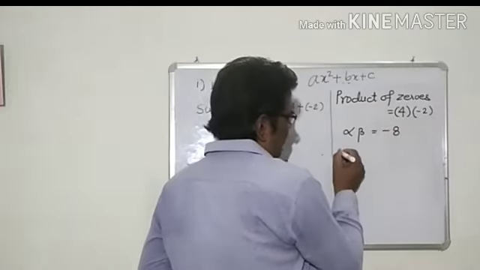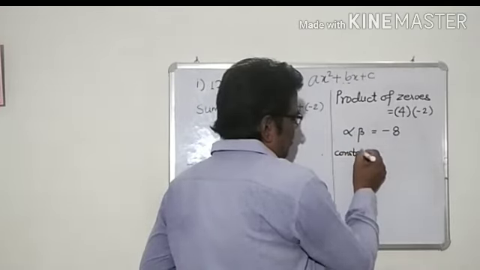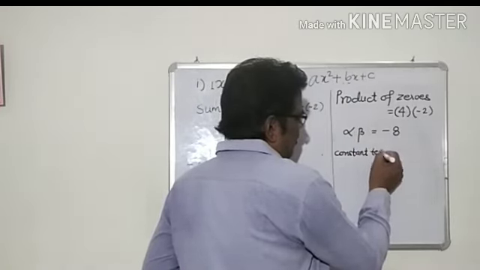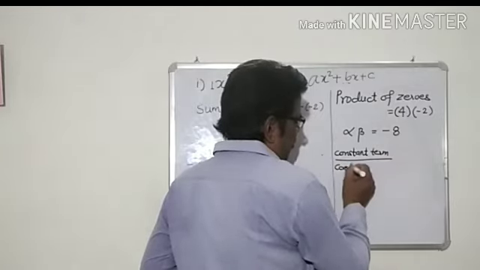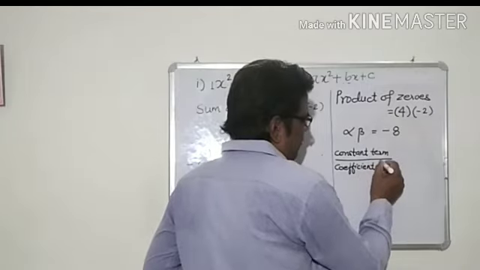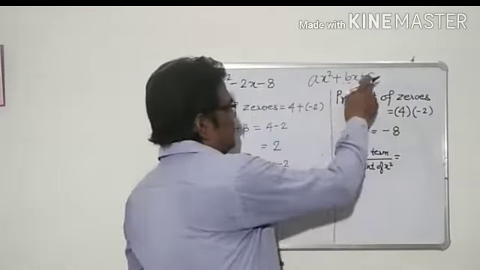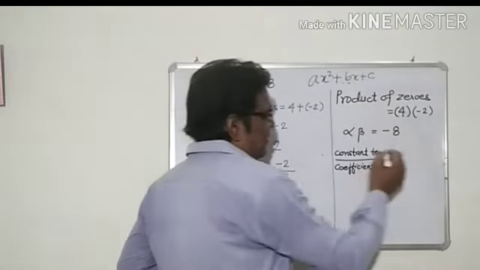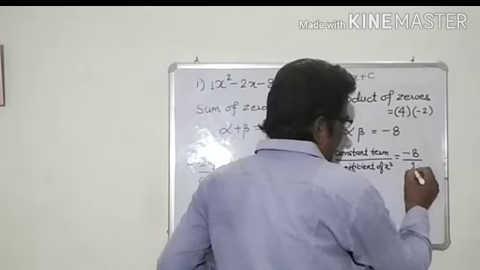Now let us see what constant term upon coefficient of x square gives. Constant term here is minus 8 and coefficient of x square is 1.